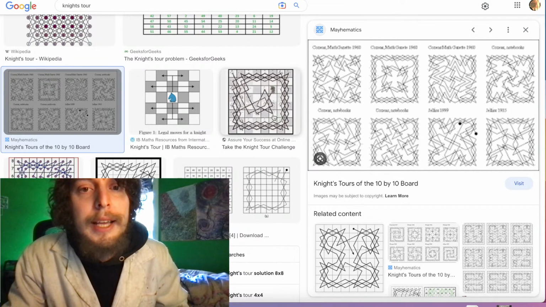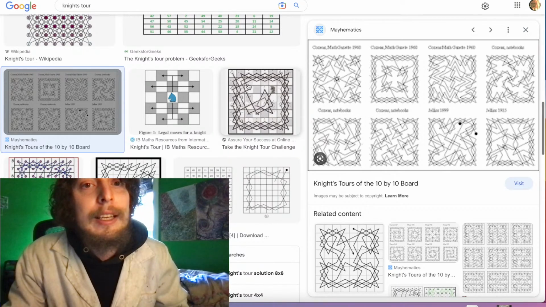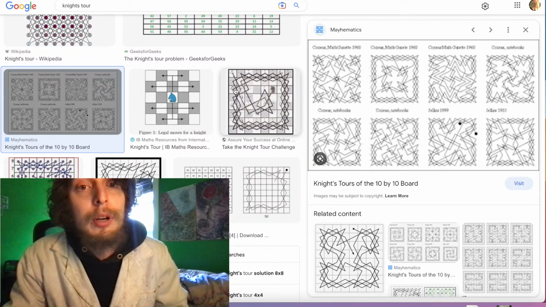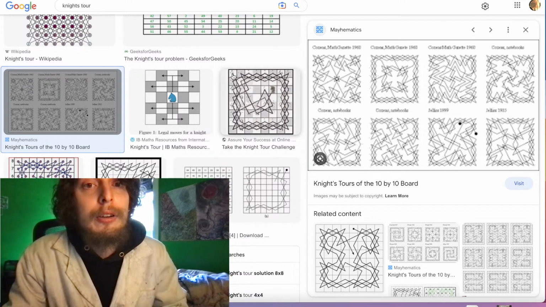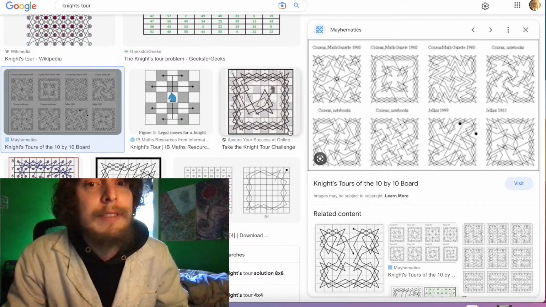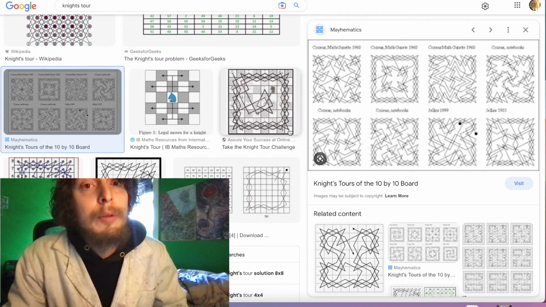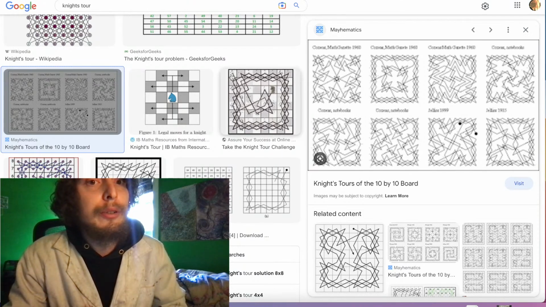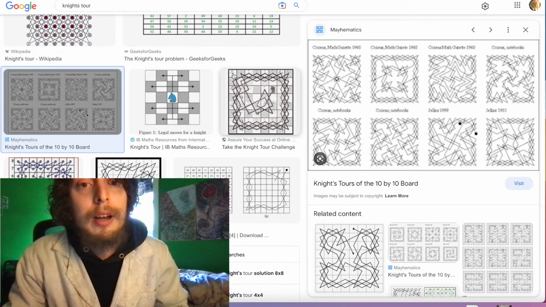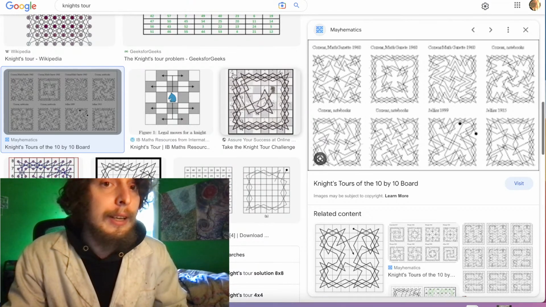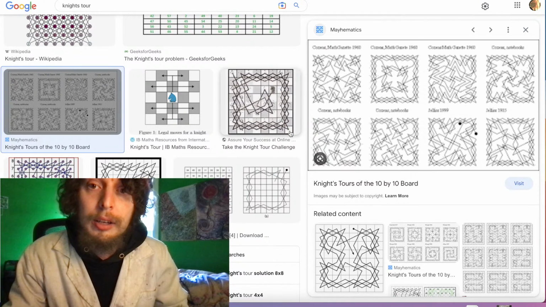So since the knight changes color with any move it makes, an even amount of hops will get you on the same color. And so beginning on one and ending on one of the same color would be impossible, because to do that would require 63 hops, an odd number, and we said it takes an even number to get to the same color.